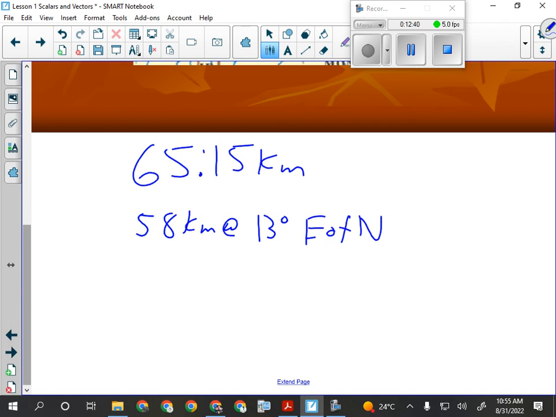This one is plus or minus, sorry, I got that wrong, not 100 meters, 10 meters, plus or minus 10 meters. It's much more accurate than this one is. Everybody okay with that? If I said it was 65.156, then it'd be plus or minus 1 meter. That'd be really accurate. So accuracy depends on how you measure something, not whether you give a direction or not.